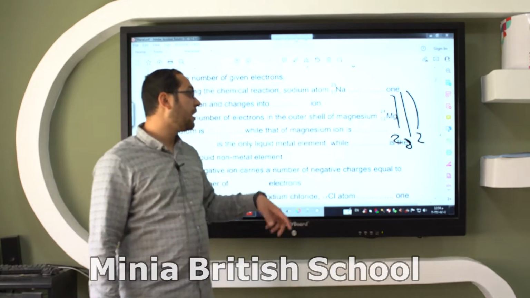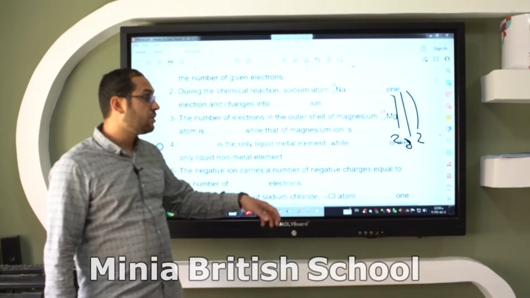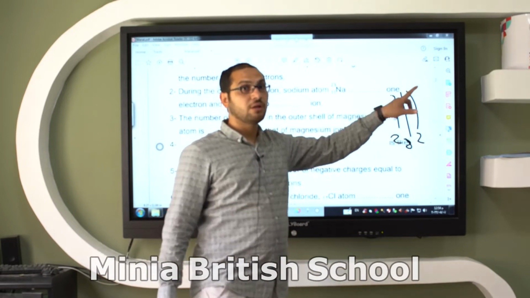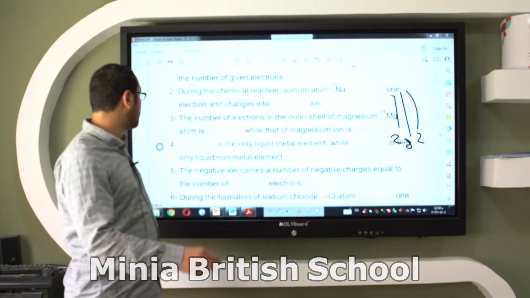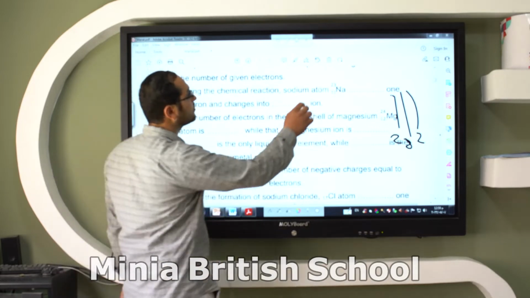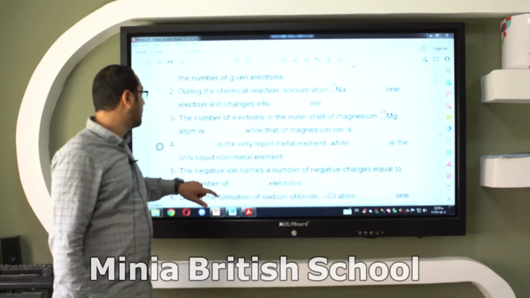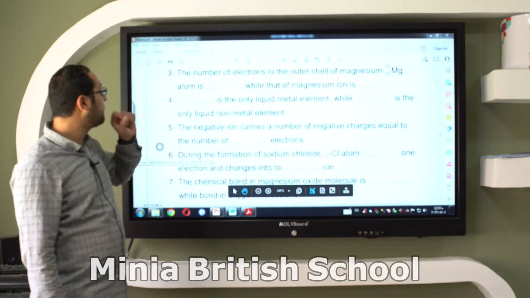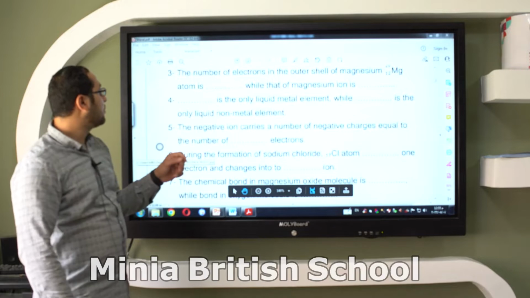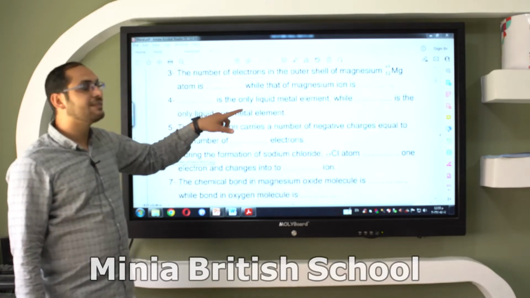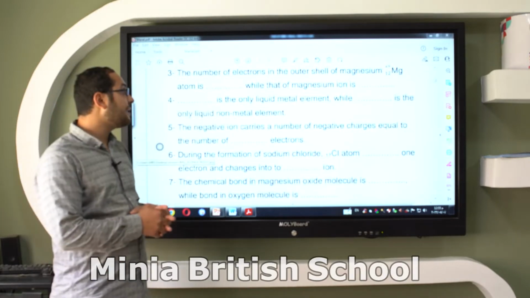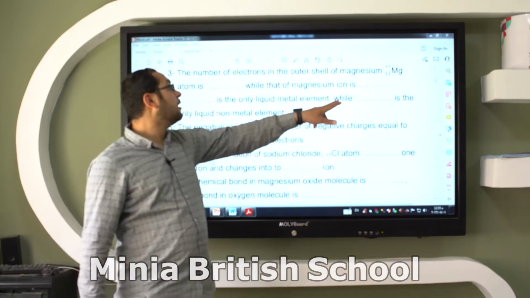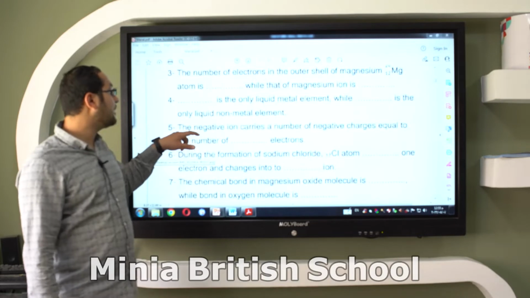So the outer level contains 2 electrons. Number 4, mercury is the only liquid metal, while bromine is the only liquid non-metal.